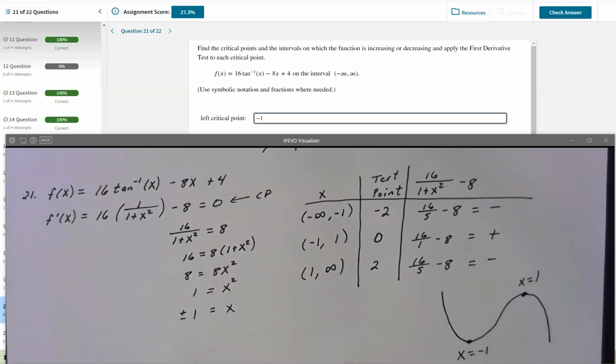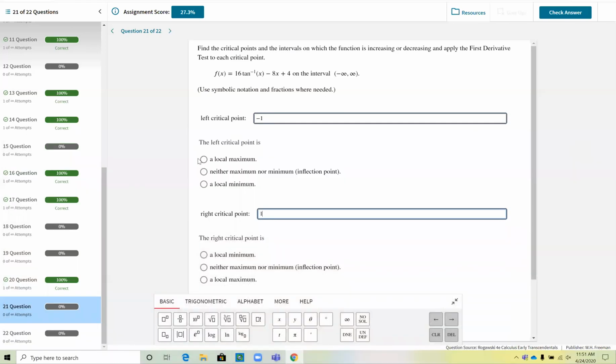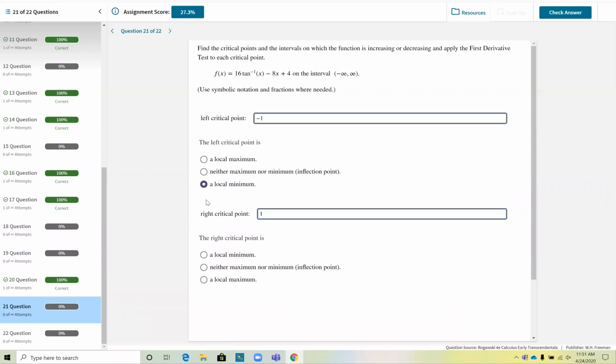So you know your function looks something like that, and then clearly negative 1 is the location of a minimum, positive 1 is the location of a maximum. So I'll go in here and say negative 1 minimum, positive 1 maximum.